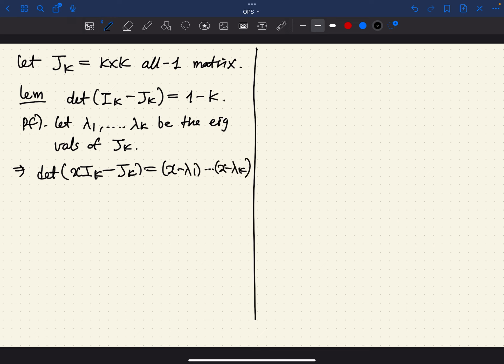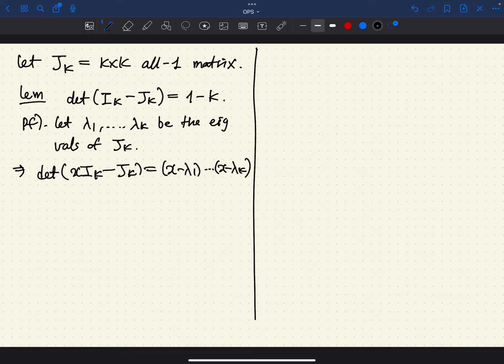So if we can compute all the eigenvalues, then we can just substitute x equals 1, then we get the determinant, right? That's the idea. Because this matrix J is very simple, all ones, we can find all the eigenvalues immediately with the correct multiplicities.